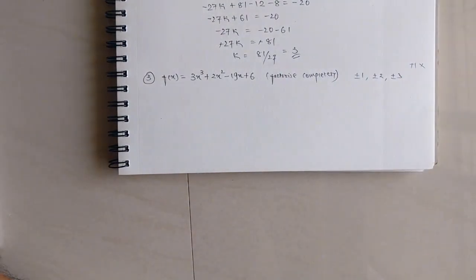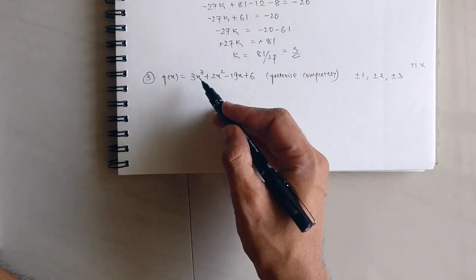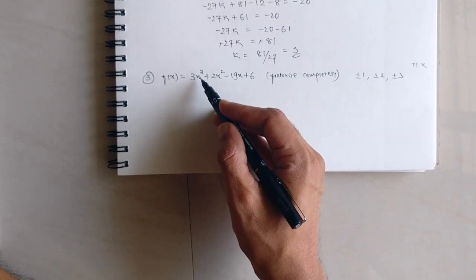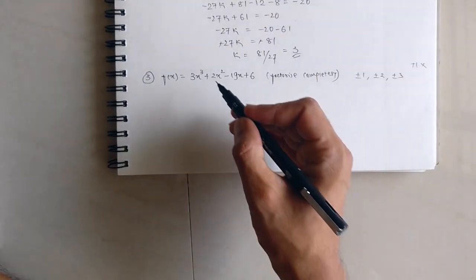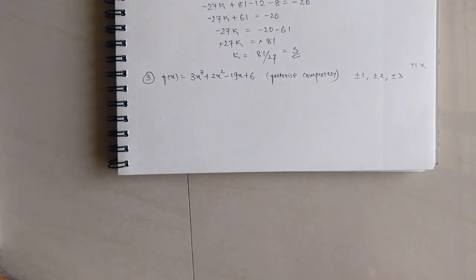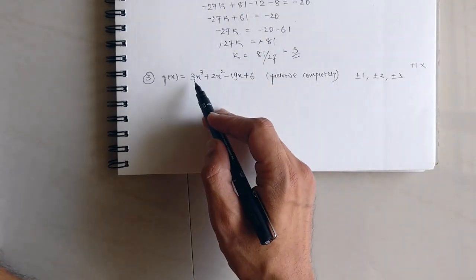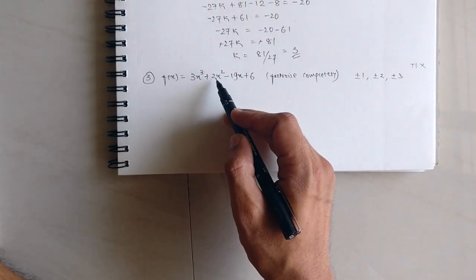Okay, we will try with minus 1. If we put minus 1 over here, 3 into minus 1 cube is 3 into minus 1, that is minus 3. 2 into minus 1 square is 2 into 1, that is 2. Now here you've got minus 3, here you've got plus 2.